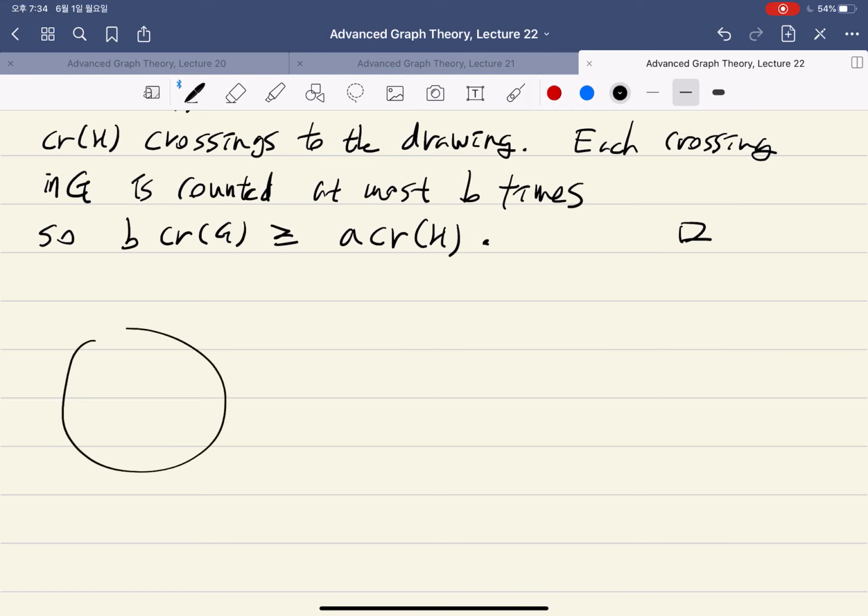Then we consider K_n, which is G, and consider K_{n-1}, which is H here.